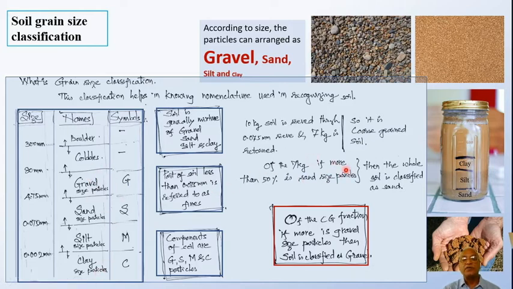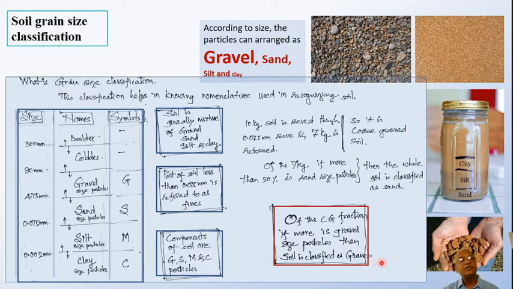So coming back to this level, if we have classified the soil as coarse grained soil, then of the coarse fraction, that is 7 kg, if more than 50% is sand, then the whole soil will be classified as sand. Of the coarse grained fraction, if more is gravel size particles, then the soil is classified as gravel.